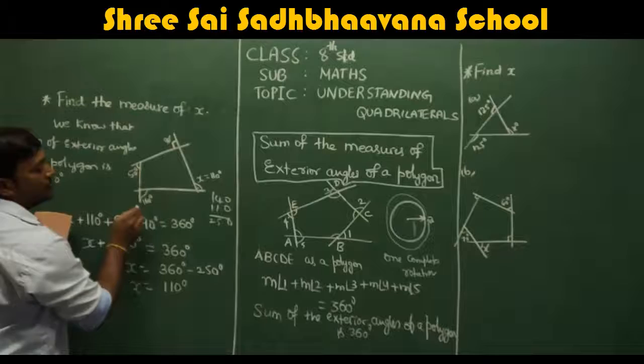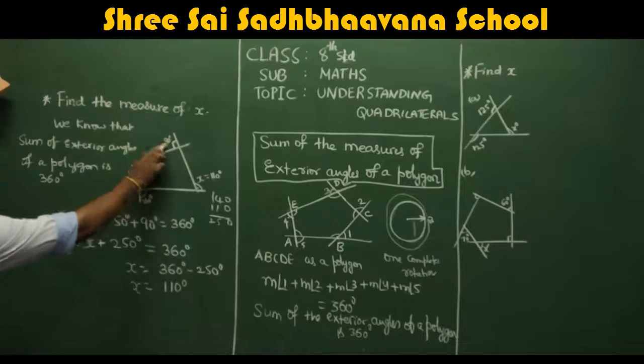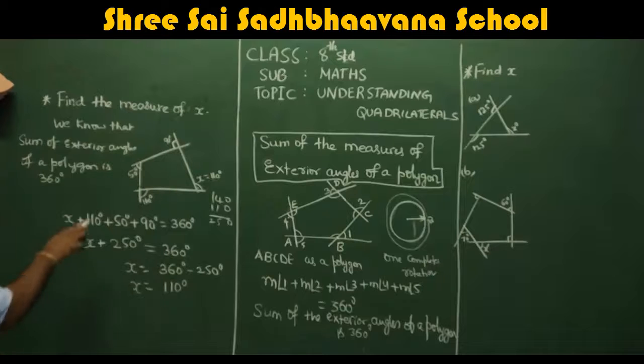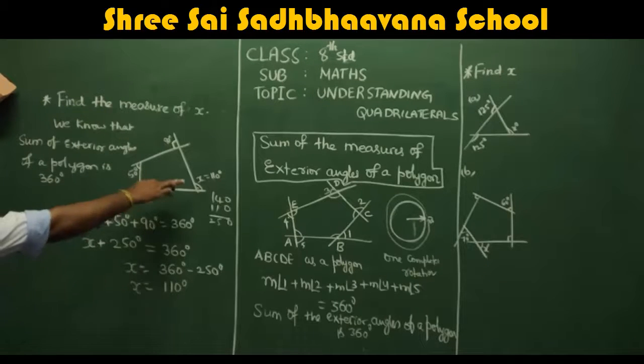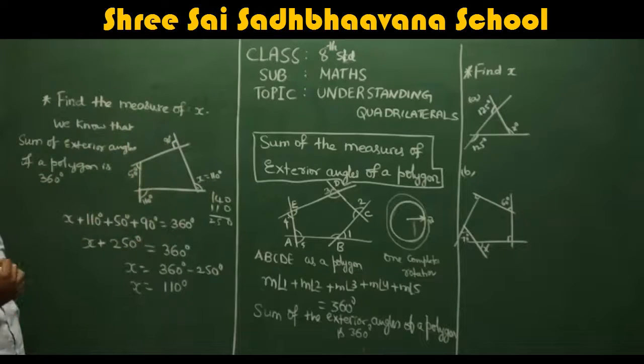So if you add all of these, just check, you will get 360. 110 plus 90 is 200, 200 plus 50 is 250, 250 plus 110 is 360 degrees. So your answer is correct. When you substitute the x value as 110 and add all the angles, if you are not getting 360, it means your answer is wrong.